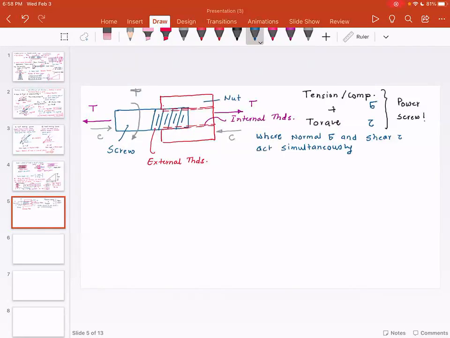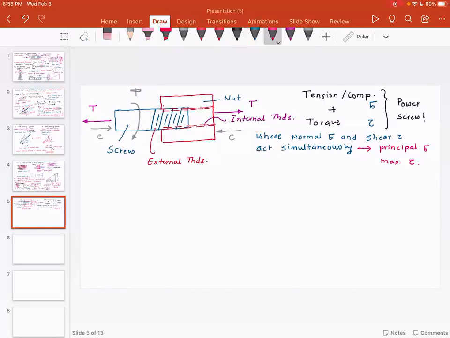And when normal stresses and shear stresses act together, what do we get? We get principal stress and we get maximum shear stress. Now we spent a significant amount of time talking about normal stress and shear stress and their application.